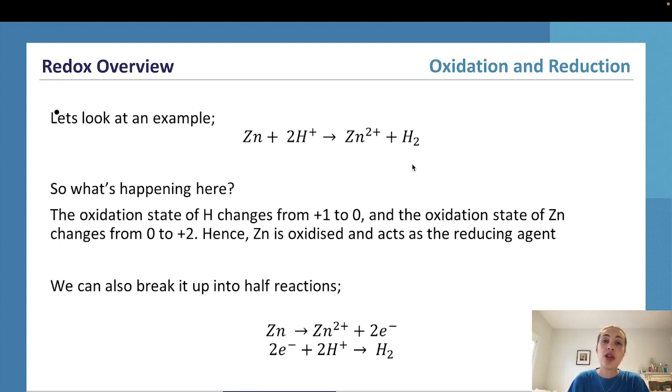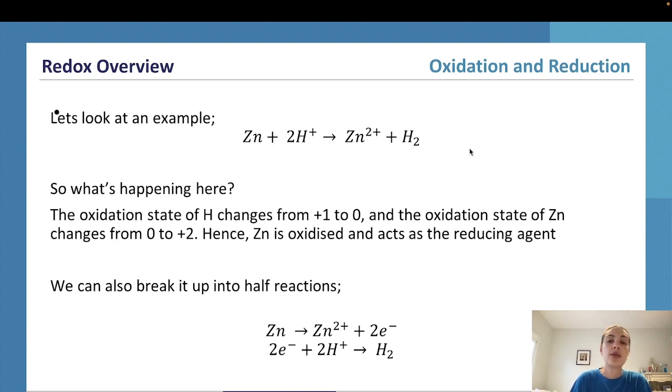So each hydrogen atom is gaining 1 electron, going from +1 to 0, because we remember that electrons are negative. And so that means that it's being reduced. Hence, hydrogen is reduced, and it acts as the oxidizing agent.